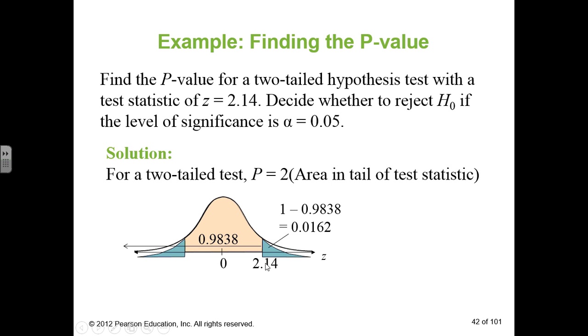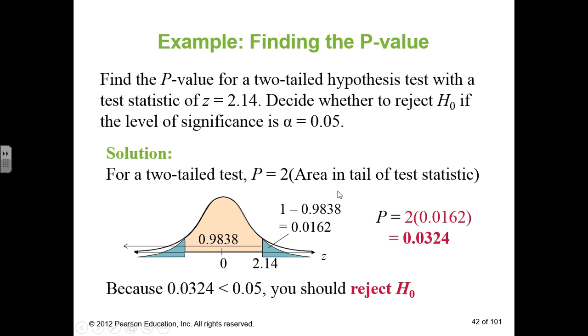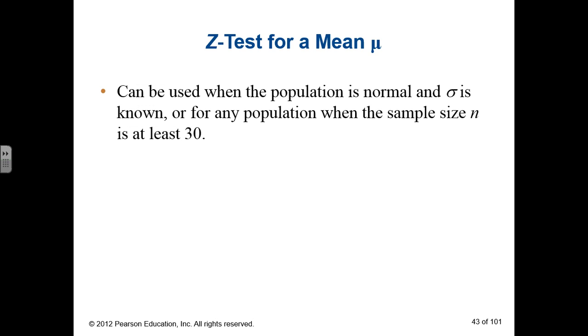If you look up 2.14, then you would have had to subtract 0.9838 from 1. If you look up negative 2.14, you would have gotten the 0.0162 right away. All right, and in this case, 0.0162 times 2, because we've only found half of it, gives us 0.0324, which is less than 0.05, so we should reject the null hypothesis.